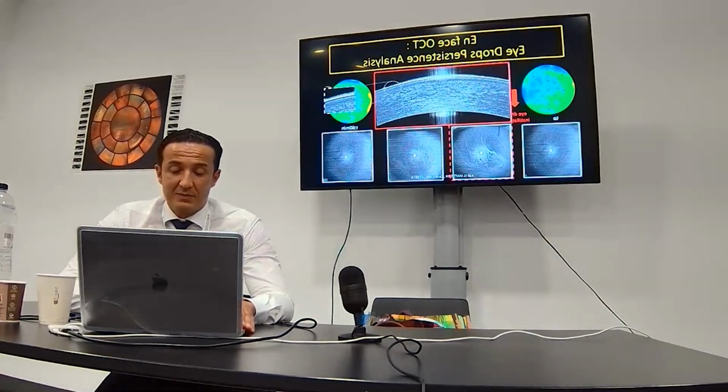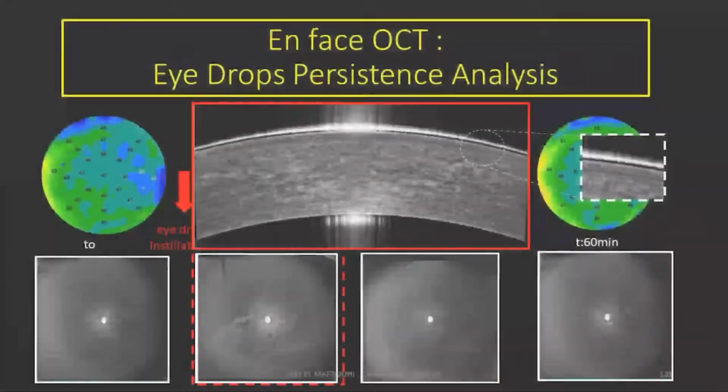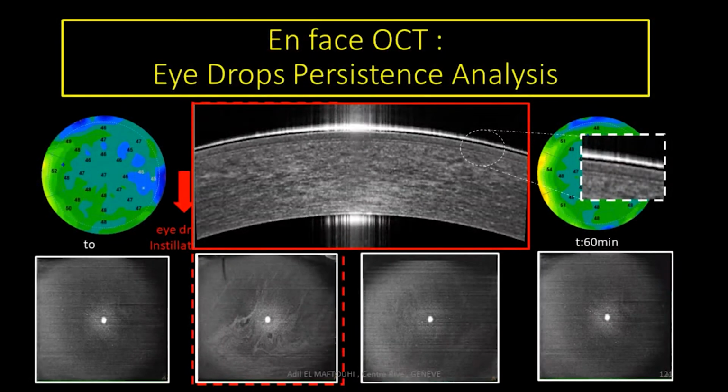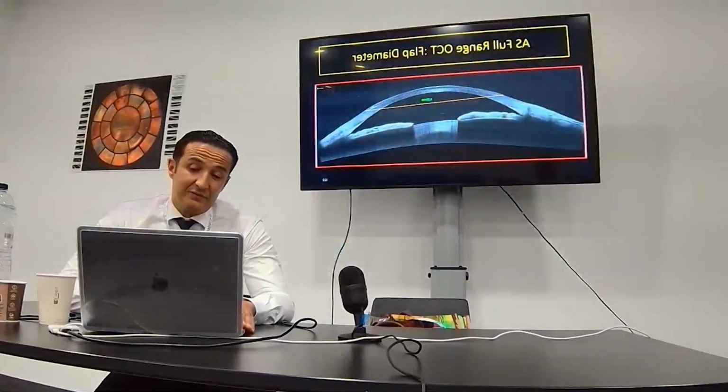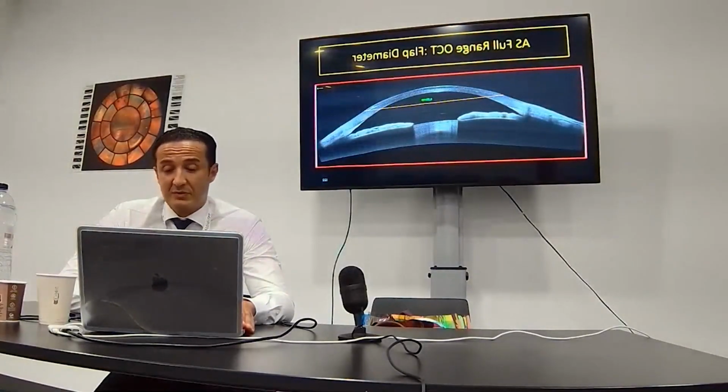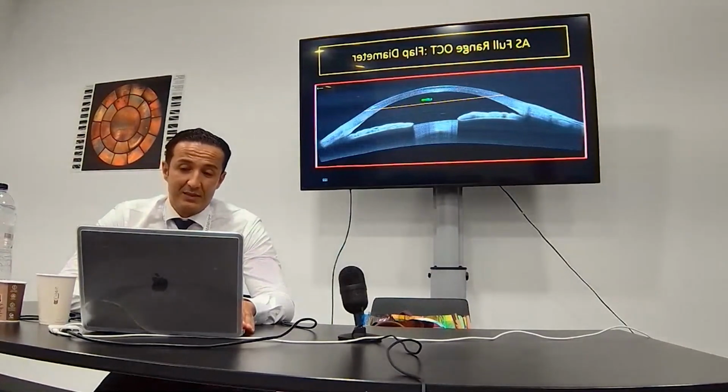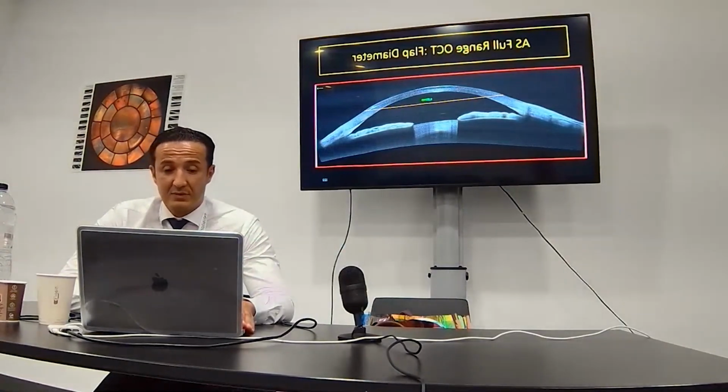And look here, this is the B-scan appearance, and probably we can use the OCT in the future in pharmacologic studies.